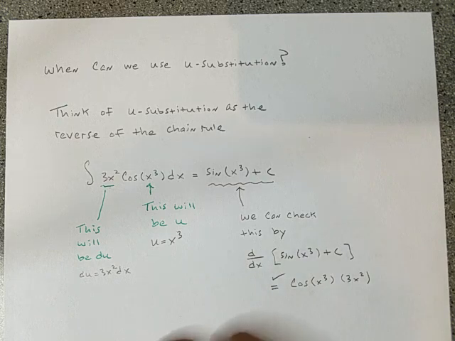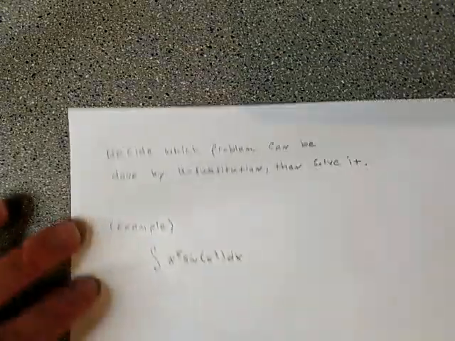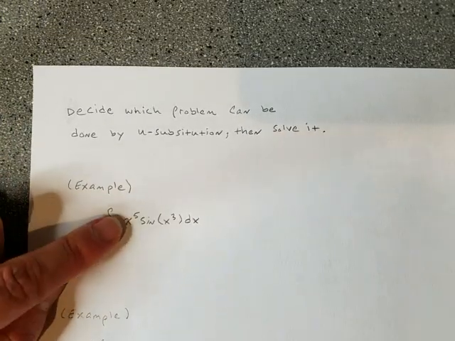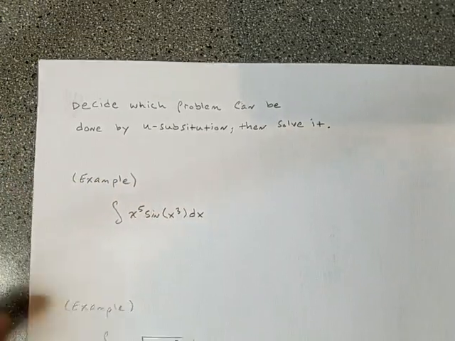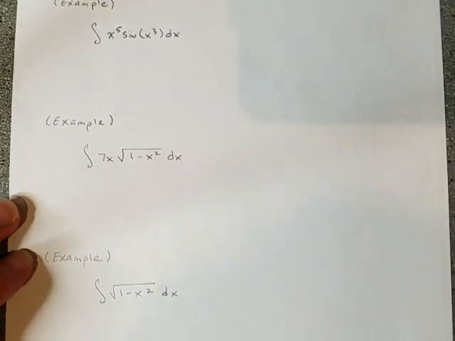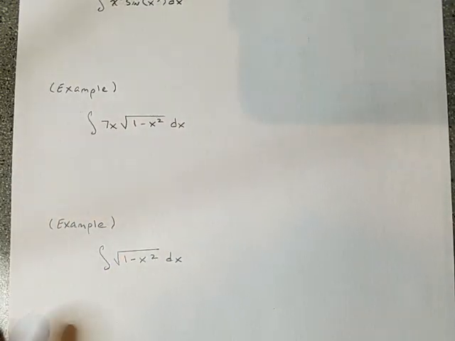Let's see if we can notice, if I gave you 3 problems, which one can be done by u-substitution, all right? So decide which problem can be done by u-substitution and solve it. So here's 3 problems: x to the 5th power times sine of x to the 3rd, 7x times the root of 1 minus x squared, and then the root of 1 minus x squared.